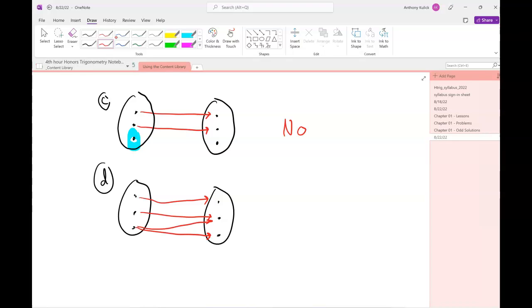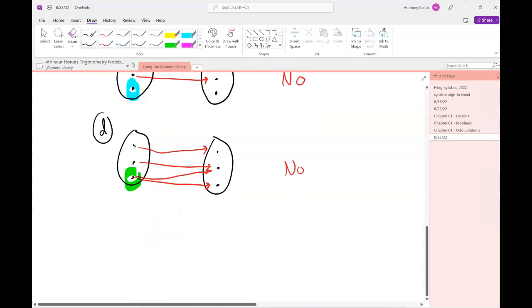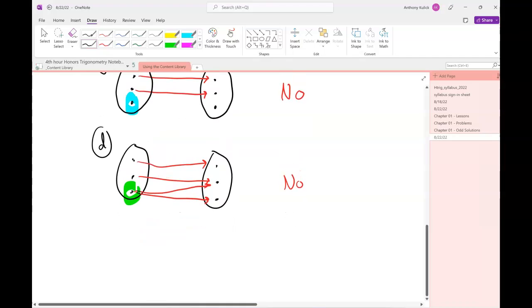No. No, why not? Yeah, the last one goes to more than one place. Good. Everybody feel okay if we're looking at a mapping diagram and being able to tell if something's a function or not? Okay.